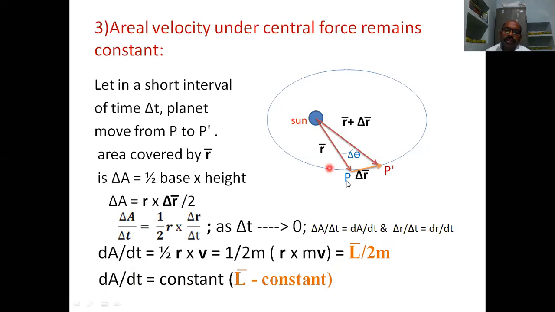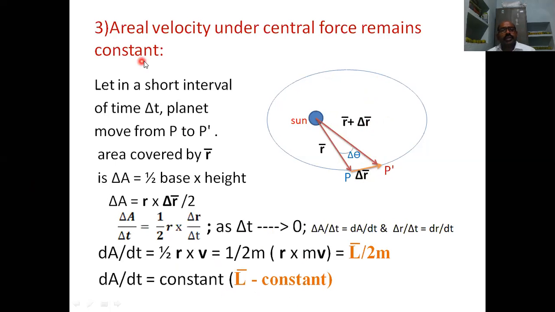That means as it approaches the shorter distance, it moves faster. As it goes to longer distances, that means if the position vector is longer, it moves slowly. In that way, in equal intervals of time, the radius vector covers equal areas.